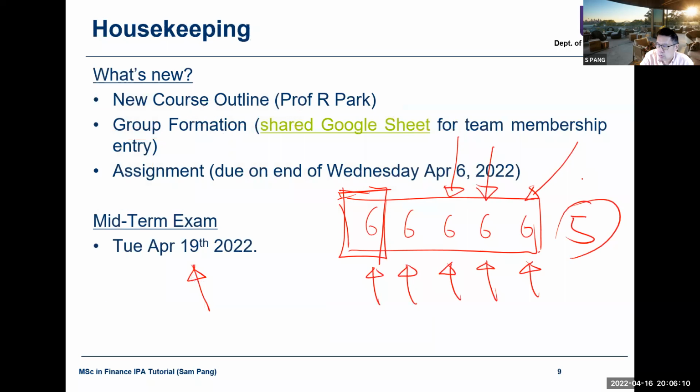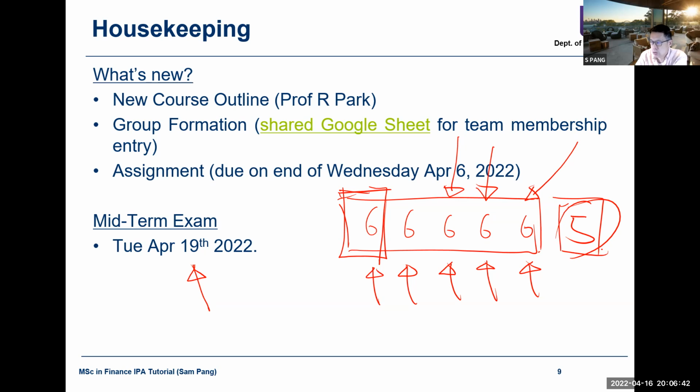Otherwise, I'm going to do it for you. I think we have 35 people in this class, as I recall. Let me just quickly check again. Yes, we do. So we have 35 people, and we need to have one team of 5, and all the other teams will be 6-member teams.